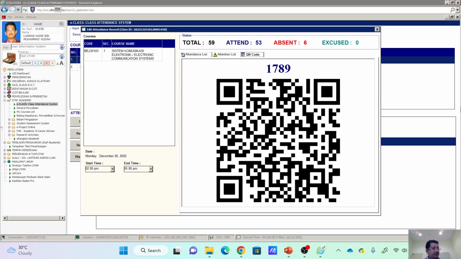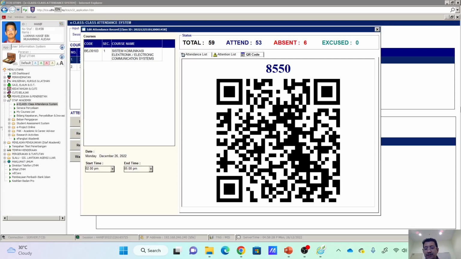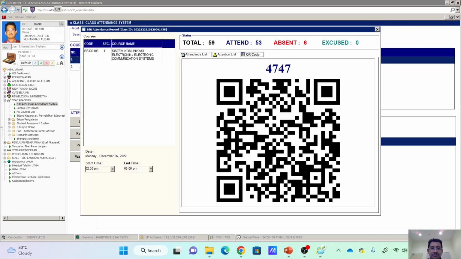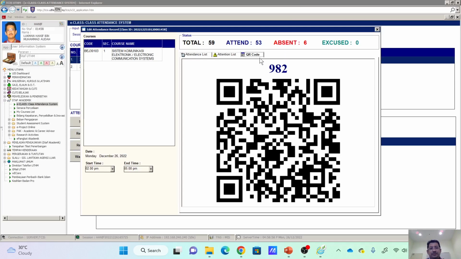So if you already take your attendance, you can leave the class. Okay. Doktor, saya tak boleh scan. Okay, nama siapa? Nur Fakira.